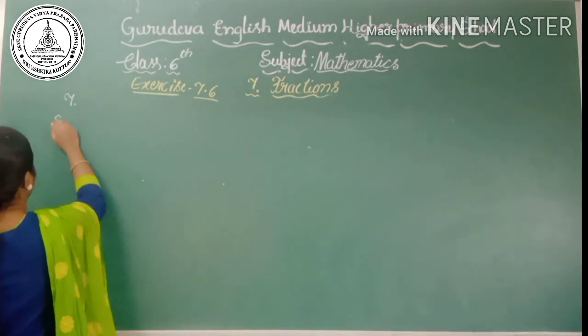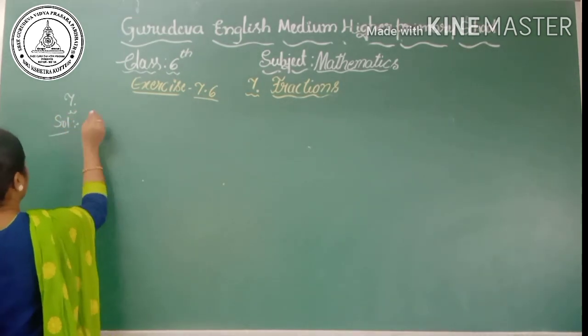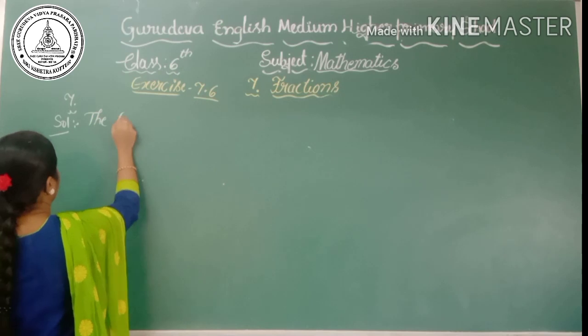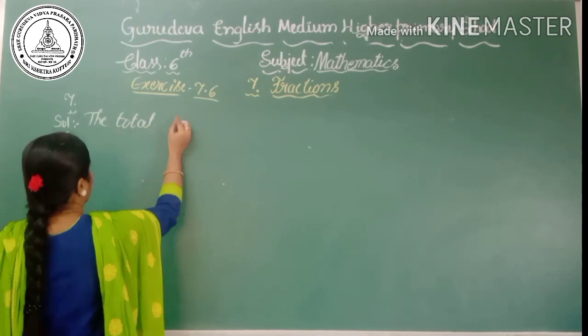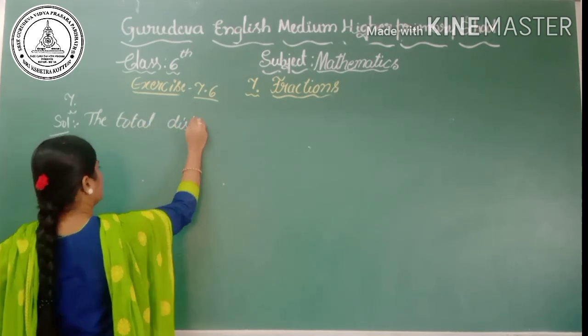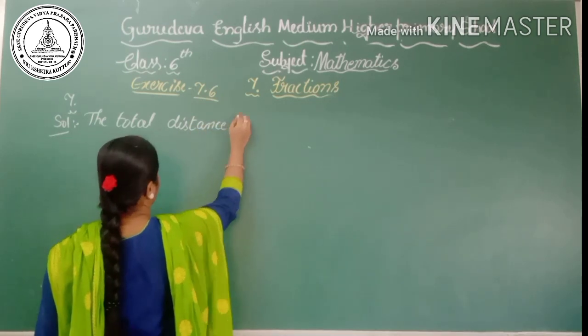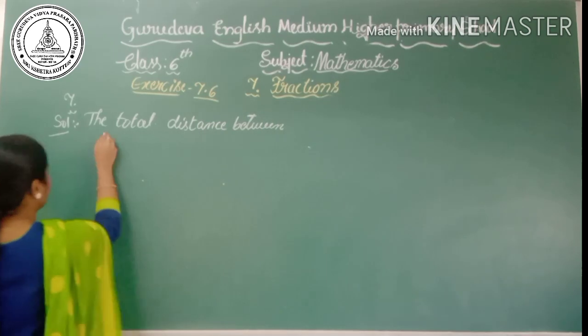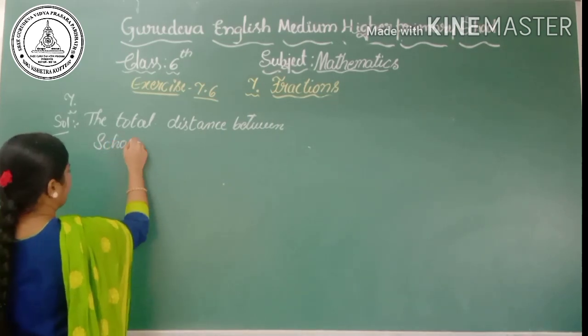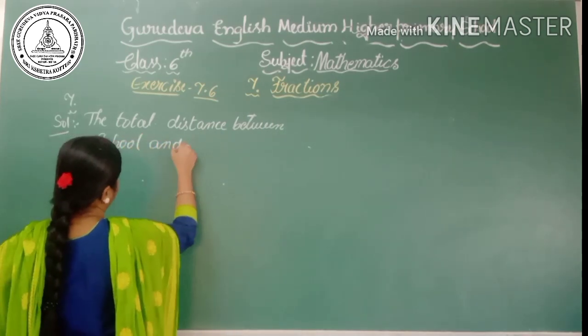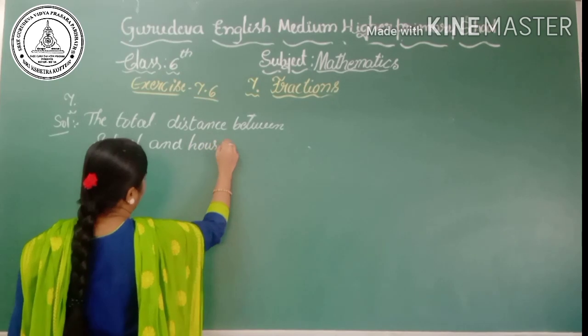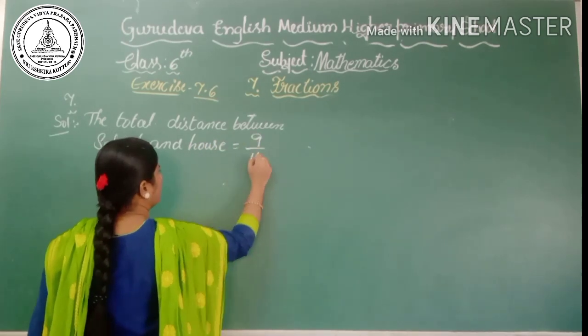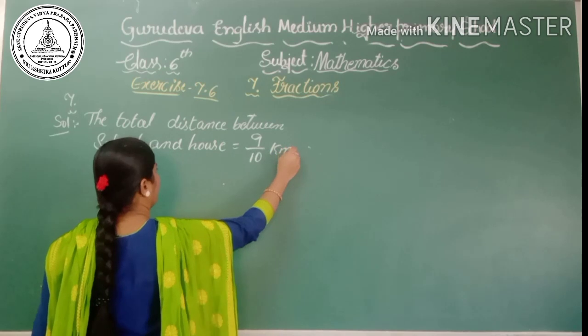Write down the solution. The total distance between school and house is equals to 9 by 10 kilometer.